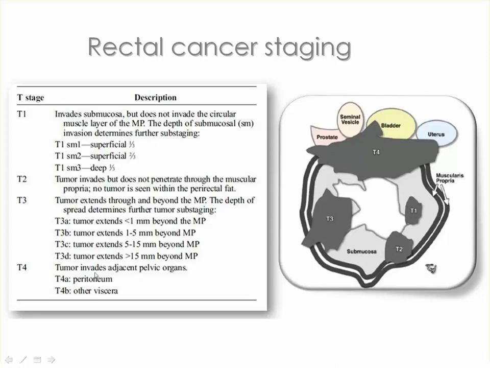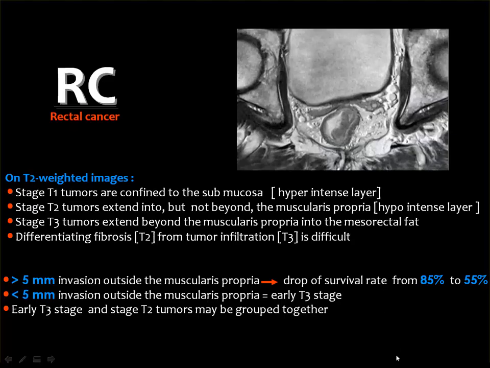Then T4A, invasion of the peritoneum. T4B, invasion of other viscera like the uterus, the bladder, the seminal vesicle, and the prostate. Then on T2 weighted image, you can diagnose T1 and T2 tumors that are confined to the rectal wall with preservation of the thickness and the integrity of the muscularis propria.